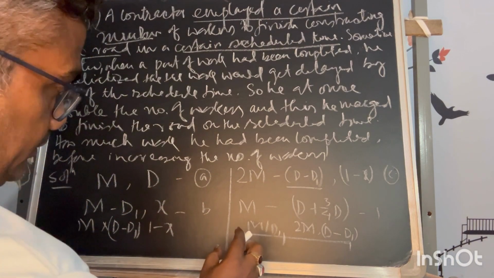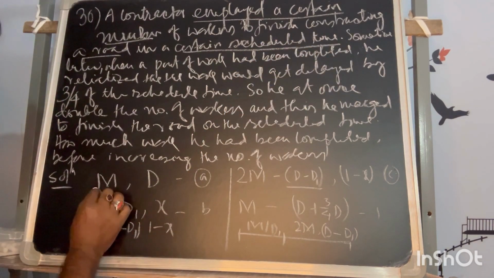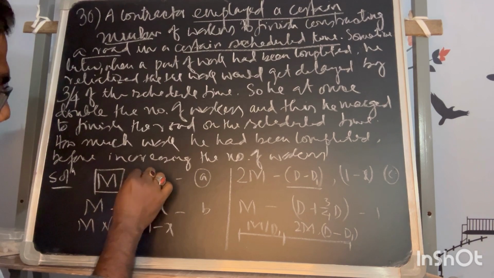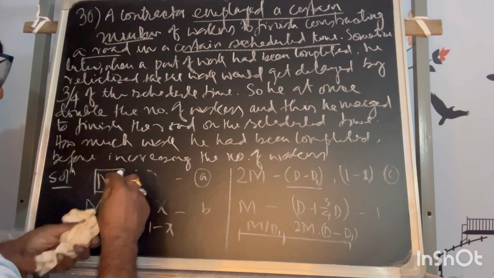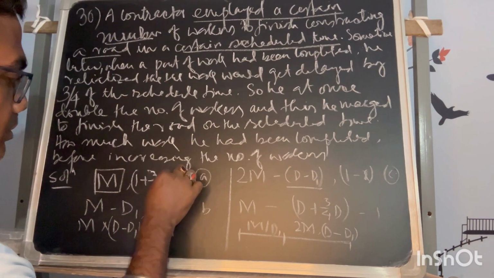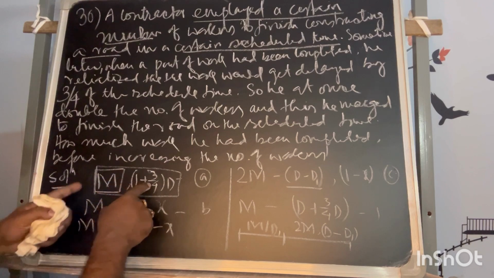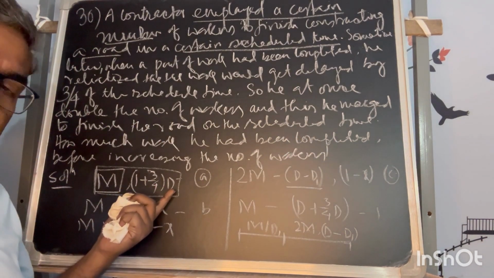But what the other information is saying is, if he follows with the M manpower instead of D, the correct time would be 1 plus 3/4 of D. In this case the rate of work would be steady and uniform throughout the work, but the number of days will increase.